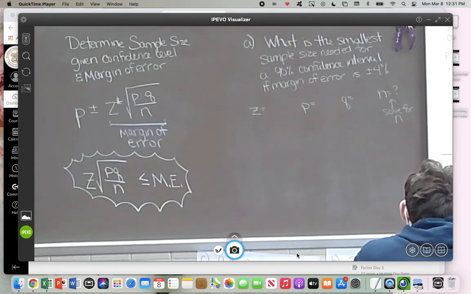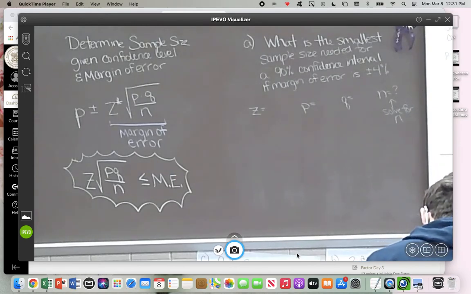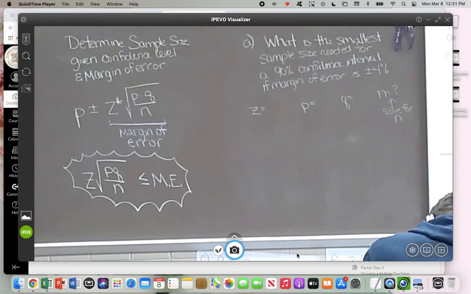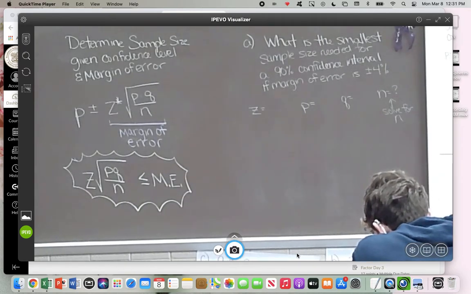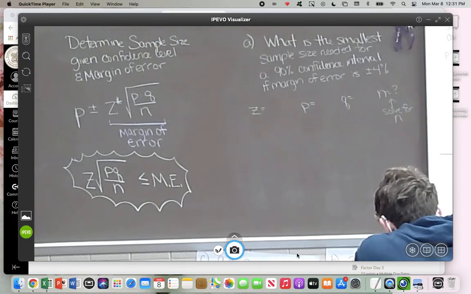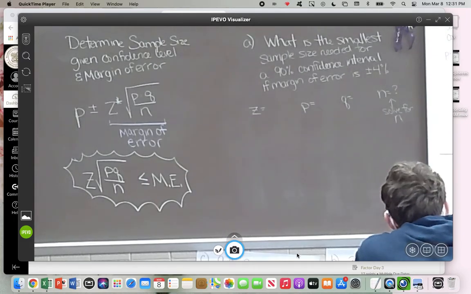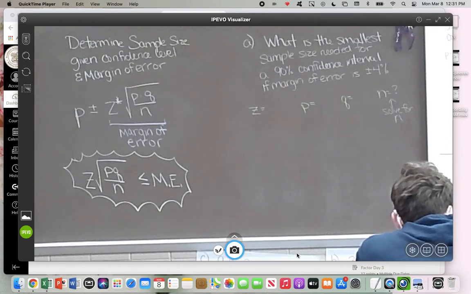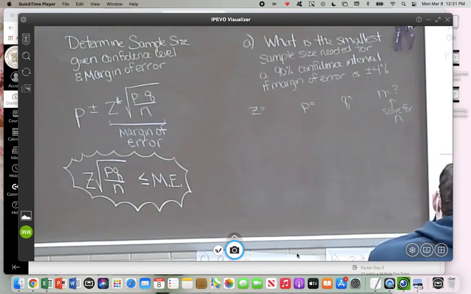All right, so everybody has their calculators. Now, on that first example, it says, what is the smallest sample size needed? Because sometimes sample sizes are too small. We want to know what's the smallest sample size needed to keep a 90% confidence interval within 4%.